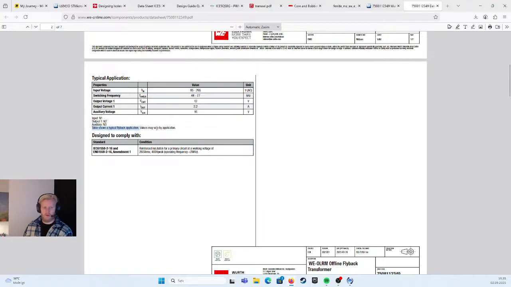The table shows a typical flyback application designed to comply with these standards, which I'm not 100% aware of, but it will be fun to read into it.